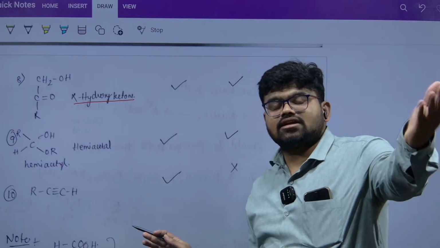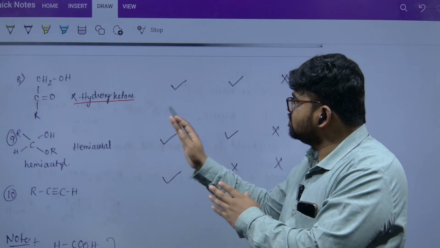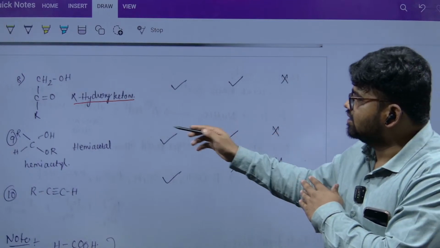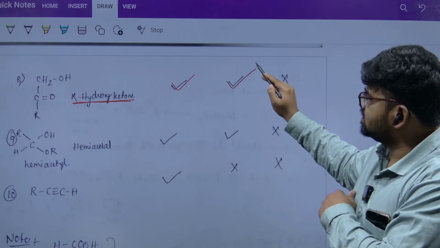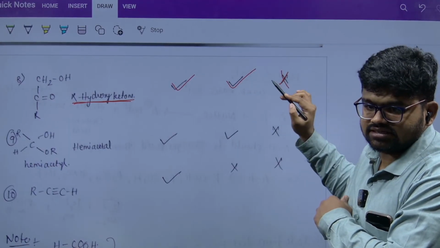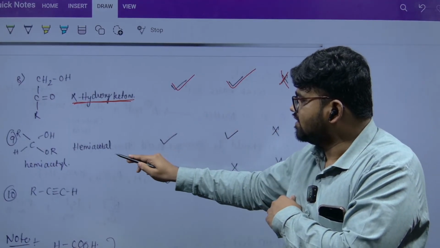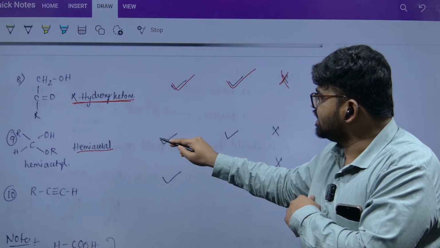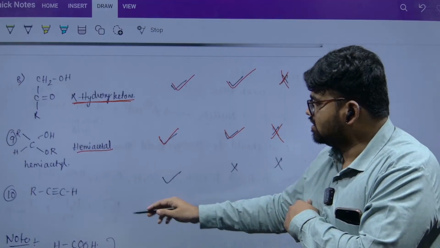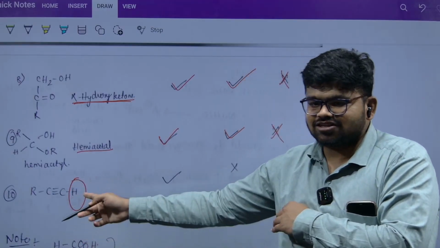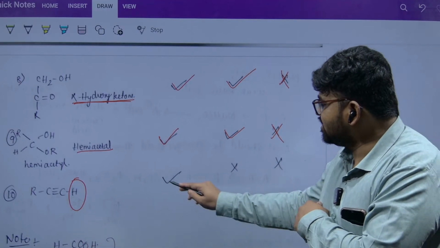So other than aldehydes, these also can give some of the tests. Alpha hydroxyketone can give two tests, but not the third test, that is Schiff's test. Whereas hemiacetal can give two tests, but it cannot give the third, Schiff's test. Whereas this terminal alkyne, again I mentioned, it can give which test?